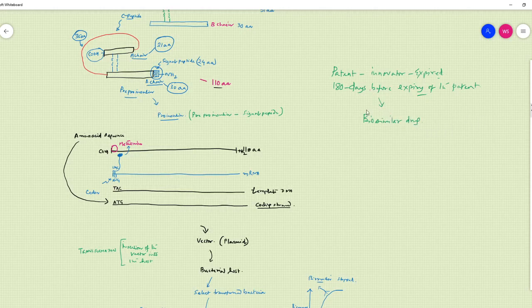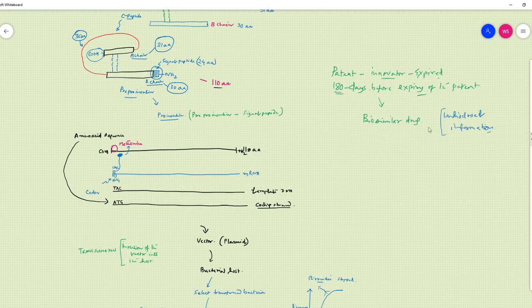Now think about it. They are filing it 180 days before the expiry of the patent. Okay, so that means the innovator company still has got undisclosed data, undisclosed information, which is proprietary, meaning only the company has got the information.